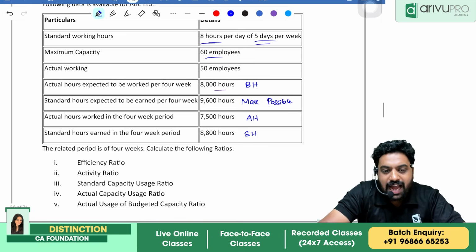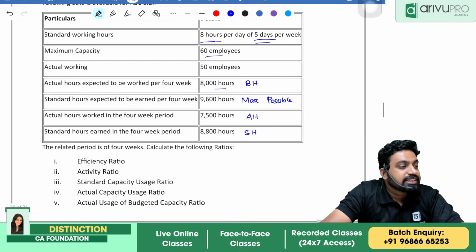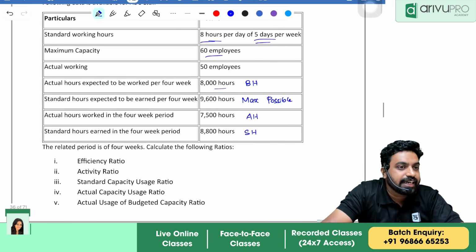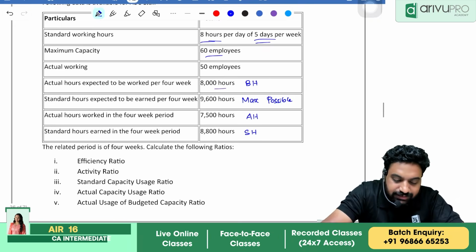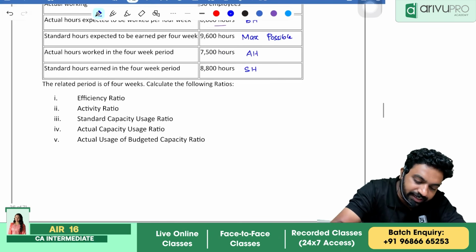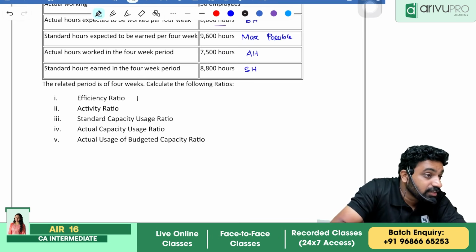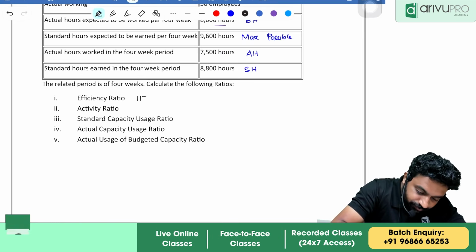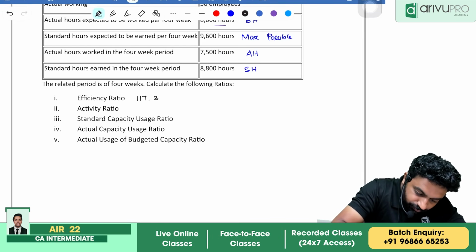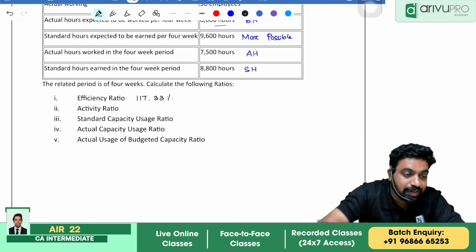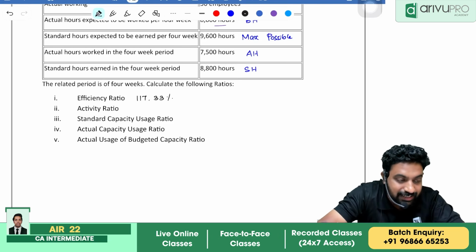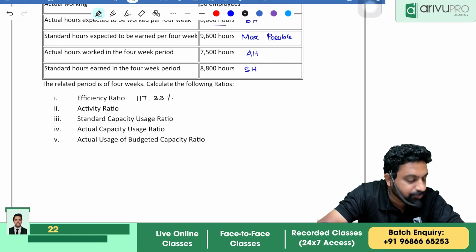Standard hours by actual hours into 100. Standard hours are 8,800. Actual hours are 7,500 into 100. 117.33%. That is your efficiency ratio.